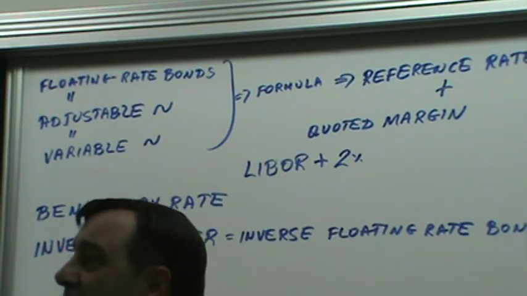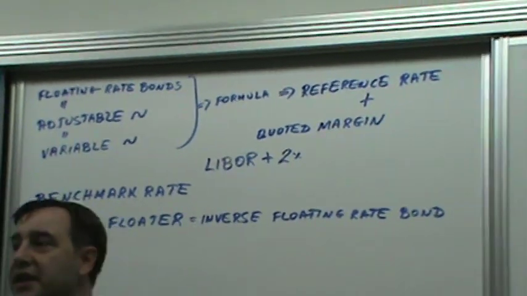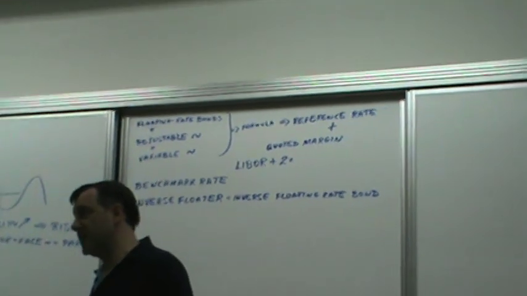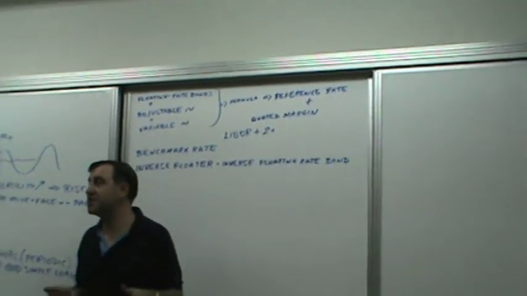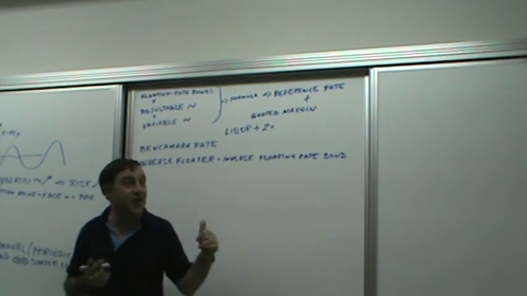Let me try to provide a simple, easy, and relatively straightforward explanation so that you can understand it. The whole design is fairly complex, but the idea is very simple.